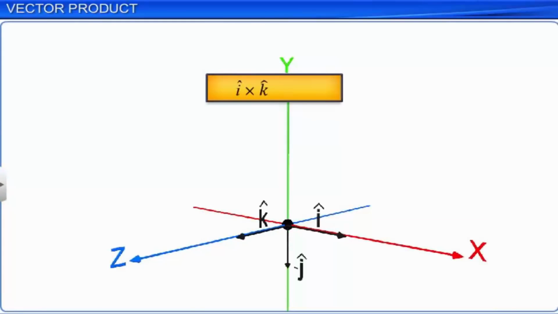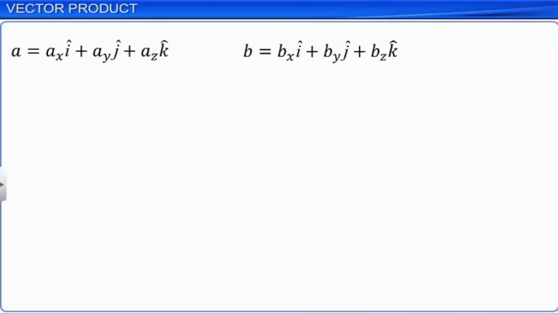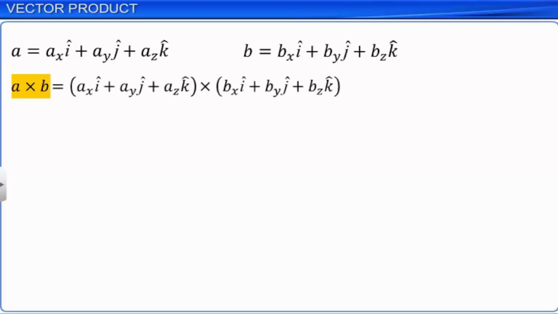If the two given vectors, A and B, are expressed in terms of unit vectors i, j and k as shown, then the vector product A cross B is equal to (Ax i plus Ay j plus Az k) multiplied by (Bx i plus By j plus Bz k).